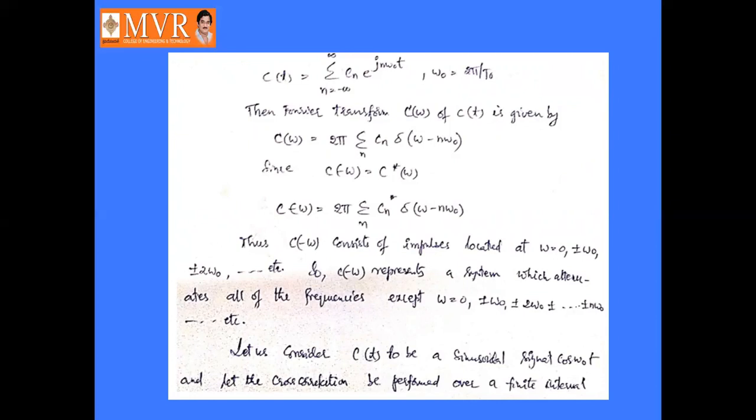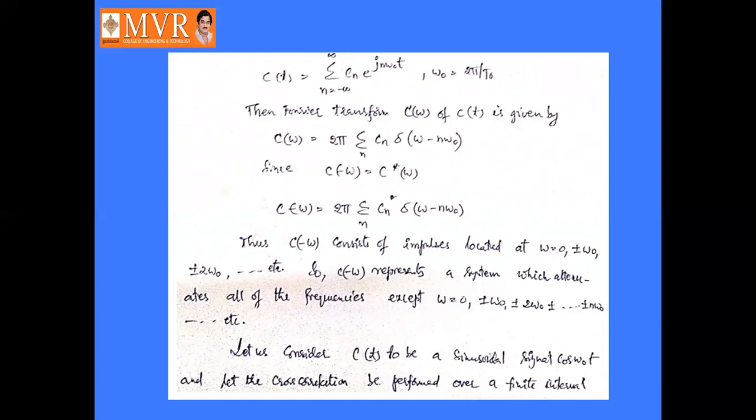Then the transform C(omega) of c(t) is given by C(omega) equal to 2 pi into sigma n Cn into delta of (omega minus n omega naught). Since C(minus omega) equals the complex conjugate C star(omega), C(minus omega) equals 2 pi into sigma n Cn star into delta of (omega minus n omega naught).